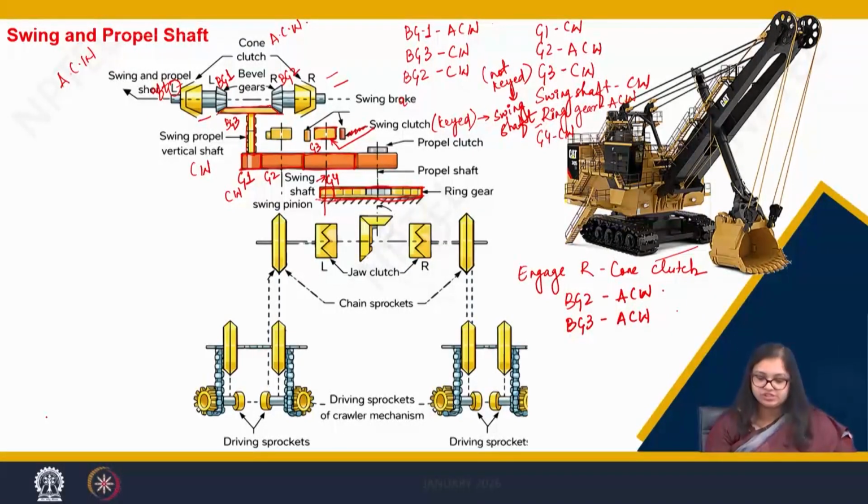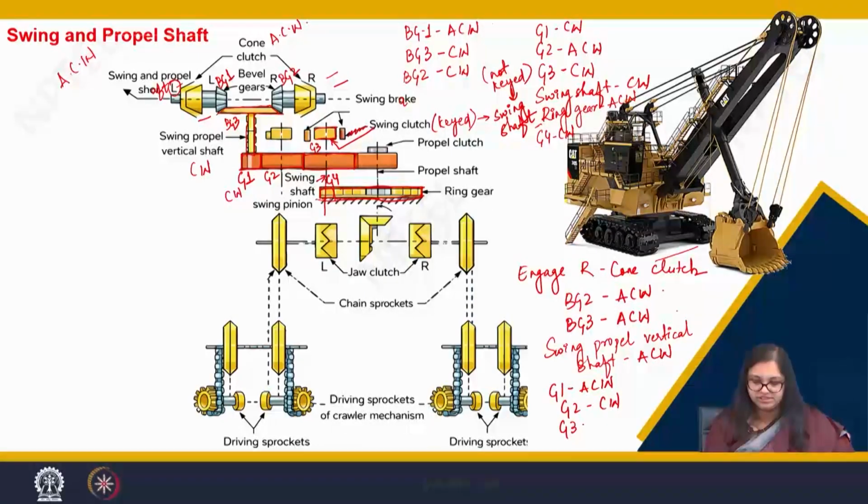So, that leads to the anti-clockwise direction of the swing and propel vertical shaft. So, this leads to anti-clockwise direction. So, now my G1 is anti-clockwise direction, G2 is clockwise direction and G3 is anti-clockwise direction.